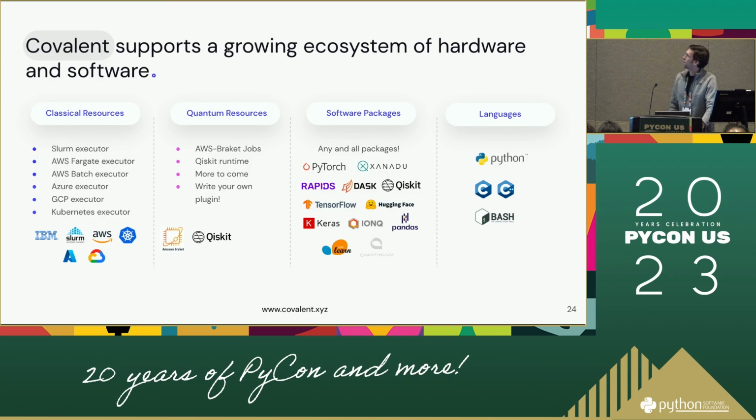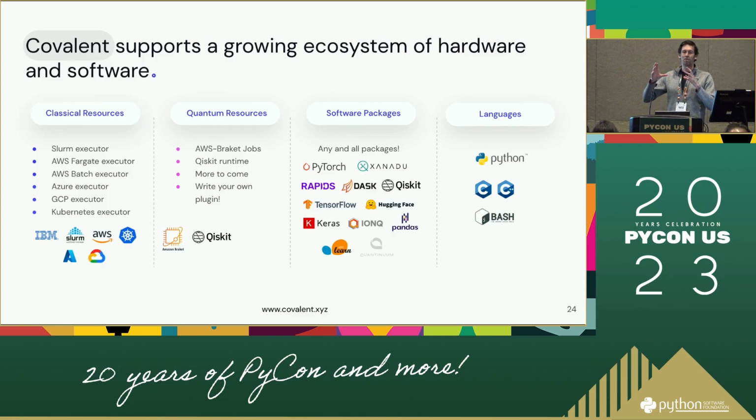We support a growing ecosystem of both hardware and software. I've gone over some of the classical and quantum resources. We're expanding this list essentially in the order that people ask for it, depending on level of interest and degree of complexity. We support all of the most popular software packages in data science, machine learning, and quantum computing. This is because Covalent is operating at a layer above these other packages in the stack.